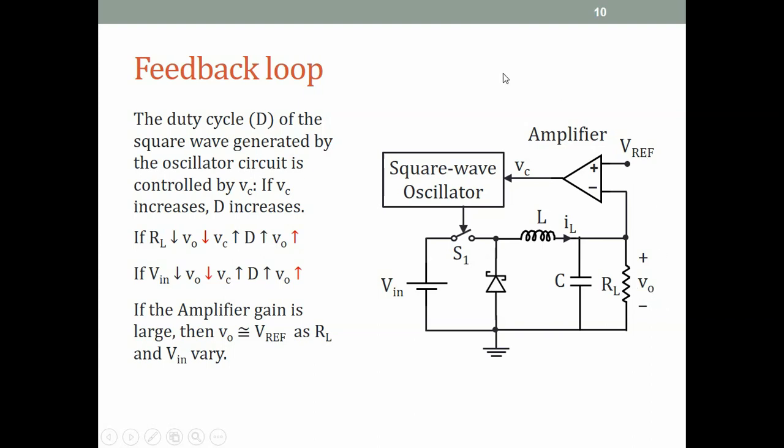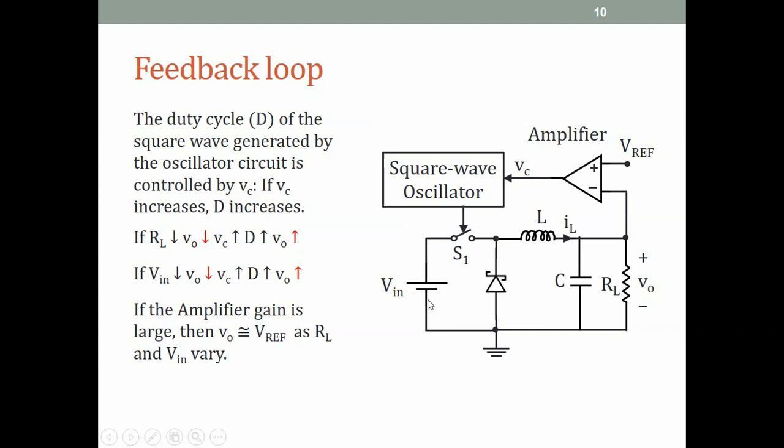So this feedback loop counteracts the effect of the reduction in RL. RL tended to reduce VO, but this loop makes VO increase again, so that the net effect of RL decreasing and the duty cycle increasing is that overall VO does not change much.